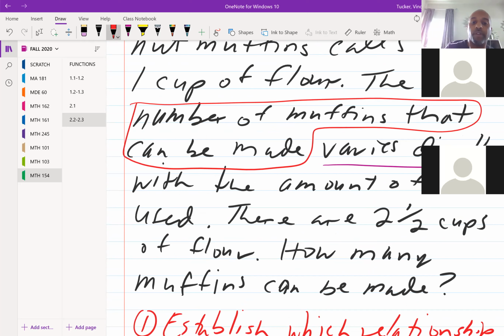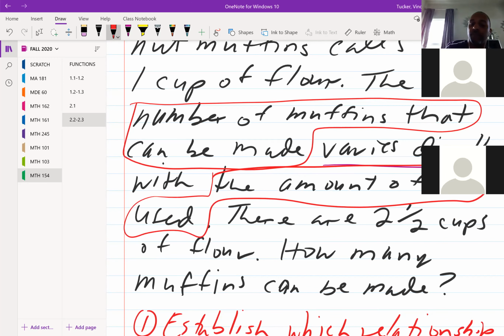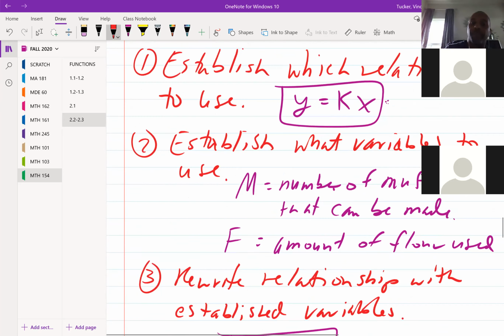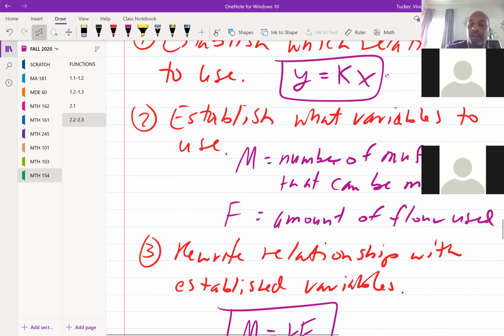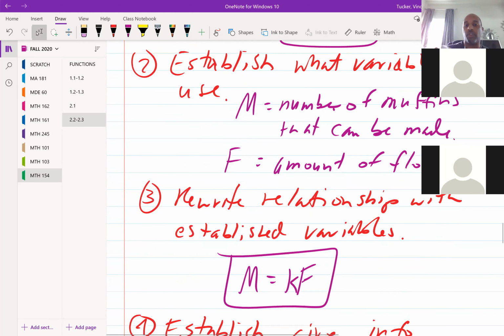Whatever comes after varies directly goes behind your K. And so that's the amount of flour used. So that's how we set this up. The number of muffins that can be made, that's going to be our M. F is the amount of flour used. So M comes before the equal sign, because that's what came before varies directly. And then F becomes after your K because that's what came after varies directly.